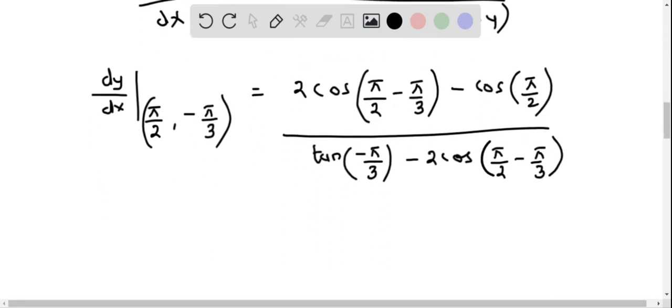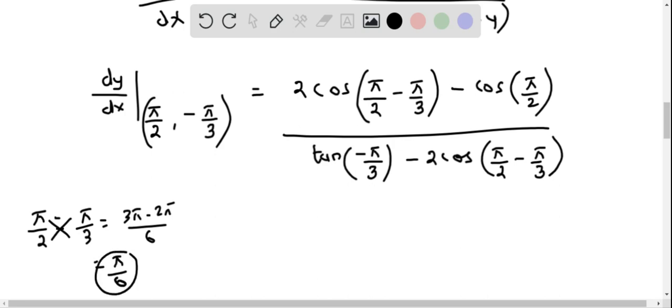Let's calculate this. We already found pi by 2 minus pi by 3. We can do the multiplication like this. So this is 3 pi minus 2 pi over 6, and this gives pi by 6. So I'm going to replace pi by 2 minus pi by 3 with pi by 6.